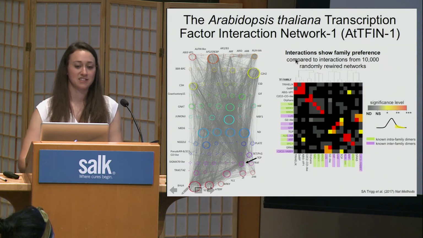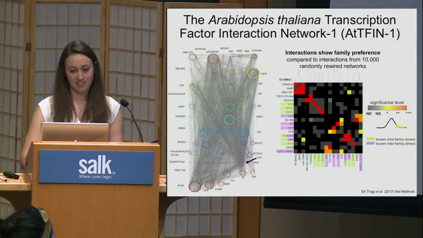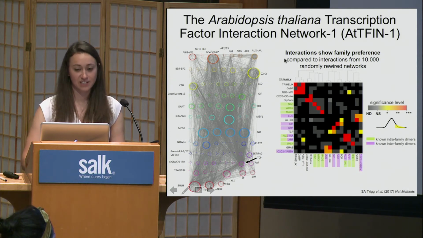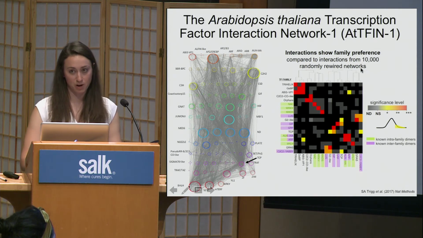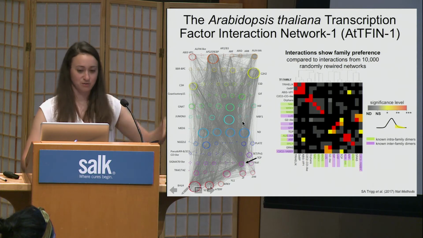And then I asked, do transcription factor families show preferential interactions? And to answer that question, I compared ATTFIN1 data to data from 10,000 randomly rewired networks. What that means is, to generate the randomly rewired networks, I took all these lines and shuffled them all up, and then counted the number of family interactions for a random network.